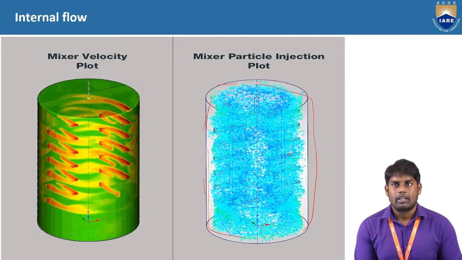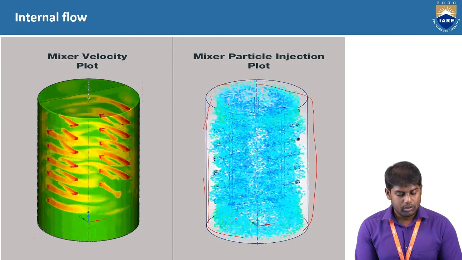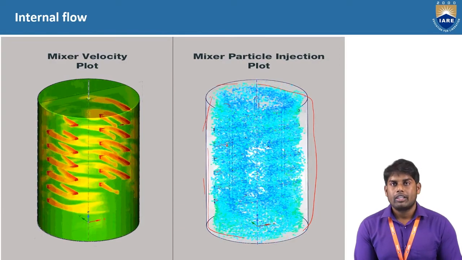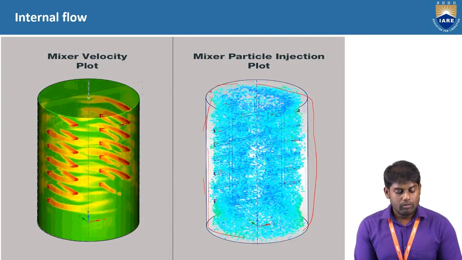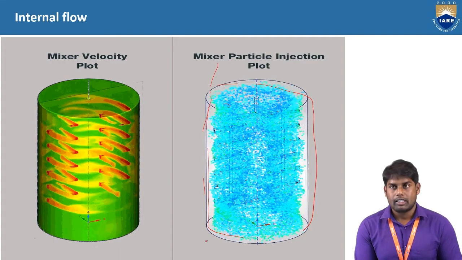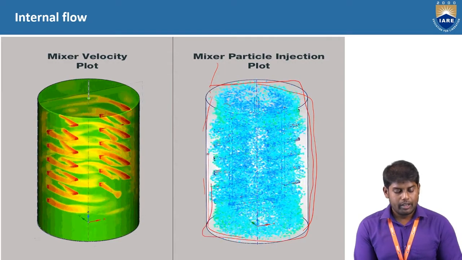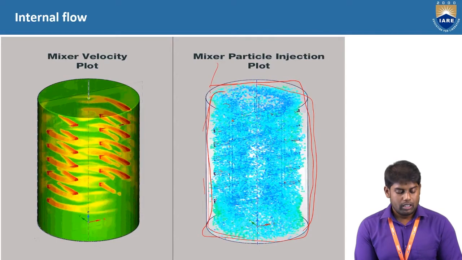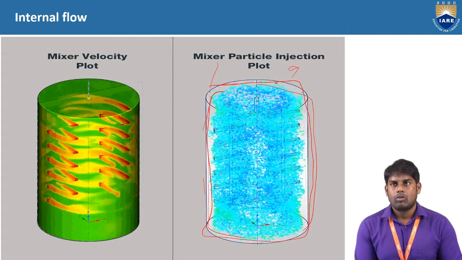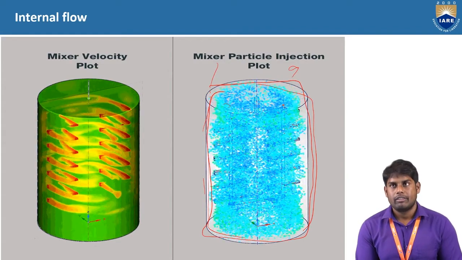This is what is happening here. Okay. You can also observe that in the case of internal flow, there is no need of putting an extra domain outside this jar. Let's say this is the boundary where you are interested to see the flow. Outside the boundary, there is no attention required for the flow phenomena.